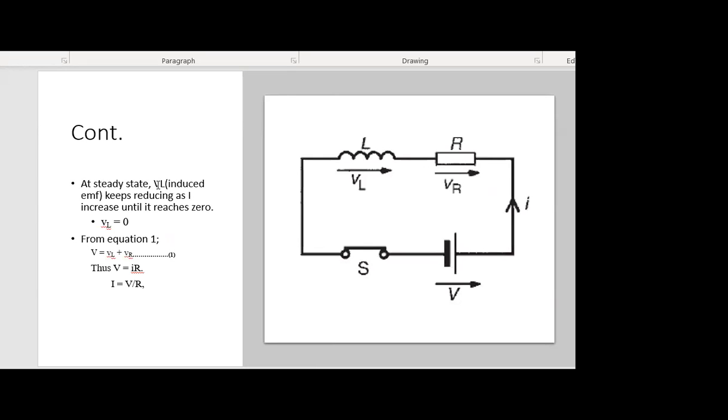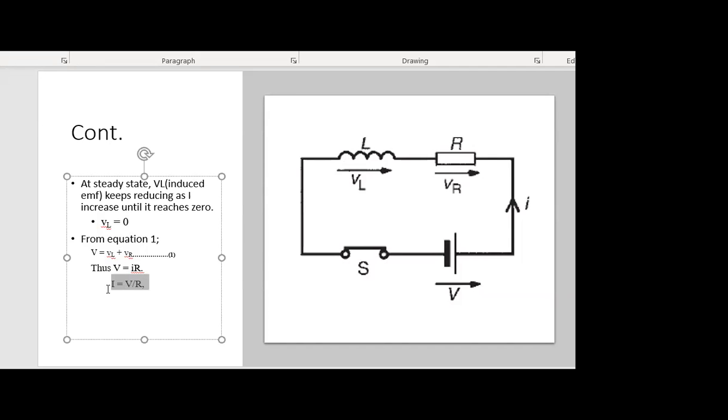Then at steady state, since the induced EMF is reducing, it will reach a point when it goes to 0. And we said induced EMF is VL. So at steady state, induced EMF will reach 0. Then I will increase. So at steady state, I equals V over R. So you see that there is a similarity between these two, but they are opposite.